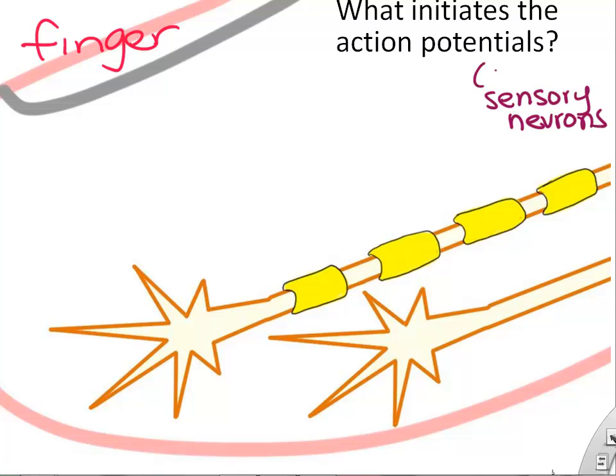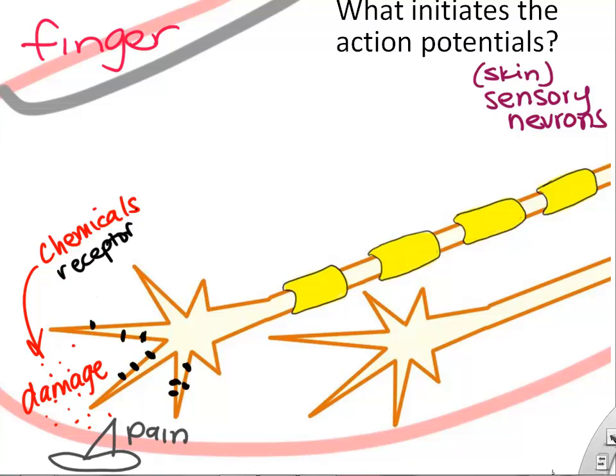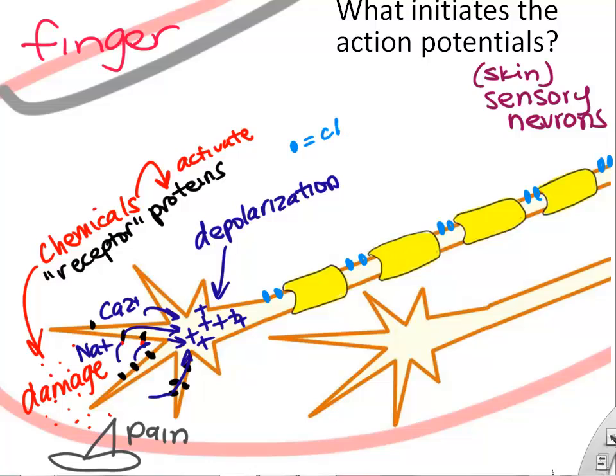So here, imagine your finger with your skin with two sensory neurons. Pain is caused by damage to your cells, and they release chemicals. Those chemicals can then activate receptor proteins in the dendrites of your sensory neurons. Once activated by these chemicals, they open up, and sodium and calcium can rush through these little protein channels, which causes depolarization inside our little neuron.